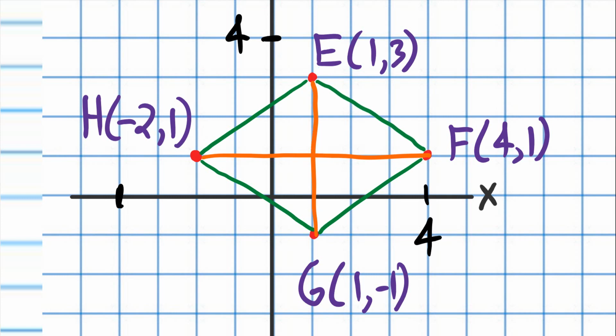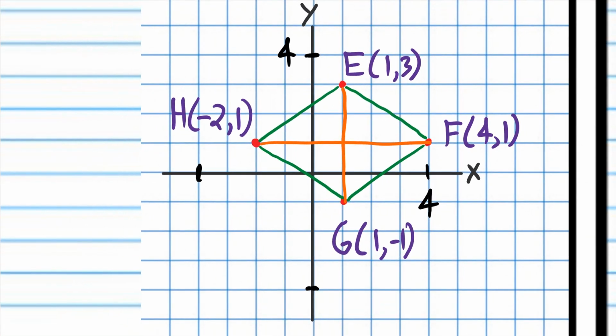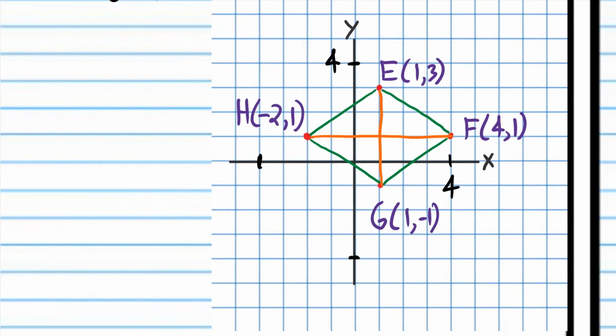But if we can show that the midpoint of this segment and this segment is the same for both of them, then just by the definition of midpoint, that proves that the two segments bisect each other. They cut each other in half. So this one cuts this one in half, and this one cuts this one in half. I know that's kind of confusing to think about, but that's basically what we're doing here.